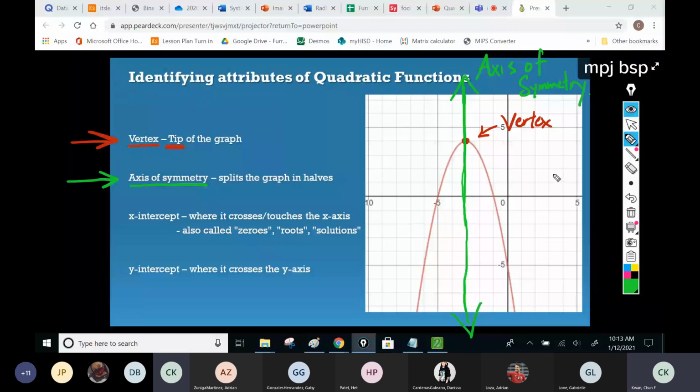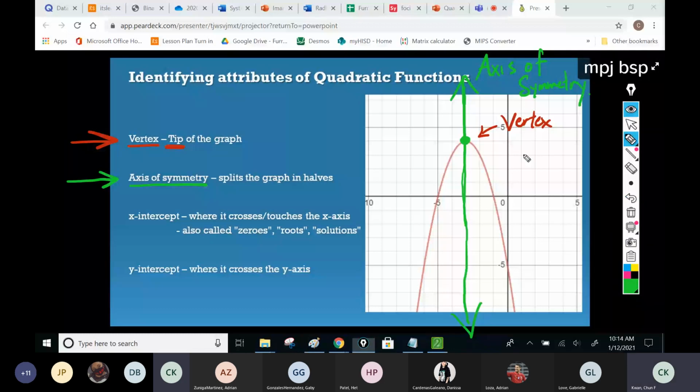One thing I want to point out is that since the axis of symmetry splits the graph into the left and the right half, it will also go through the vertex right here. So the vertex and the axis of symmetry will always intersect right here.